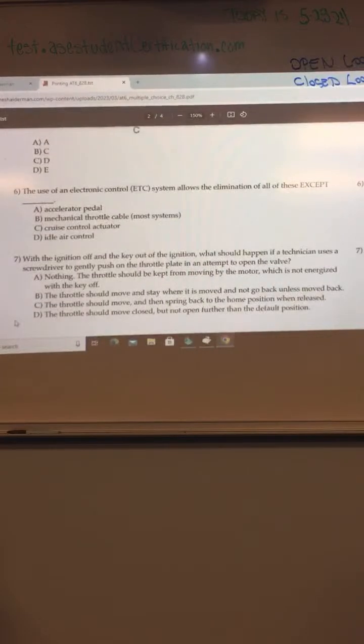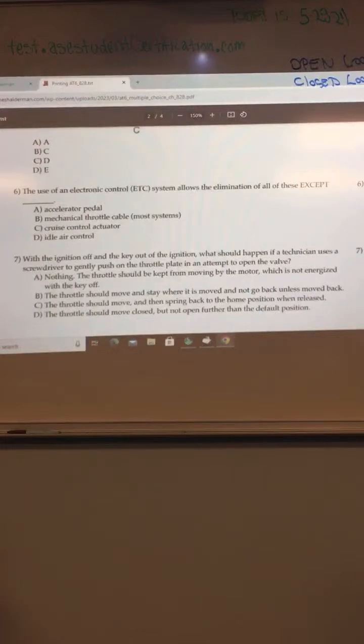The use of electronic throttle control allows elimination of all of these listed except for one of them. What they're asking you here is, which of these possible things does it still have to have?